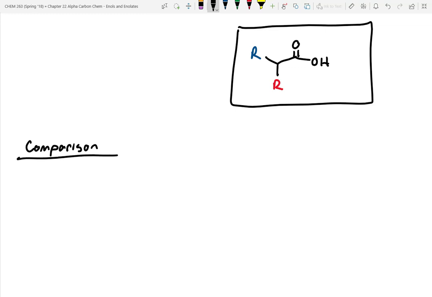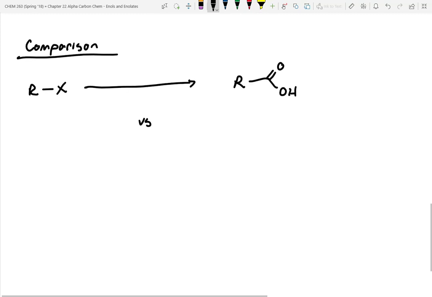Because I like relating this to previous chemistry we learned. So we'll compare this to this one.